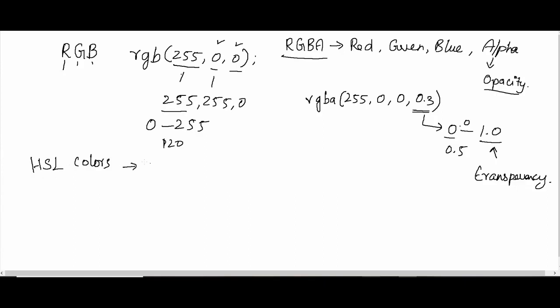HSL means hue, saturation and lightness. L is for lightness. So hue, saturation and lightness. Hue means the degree of color.